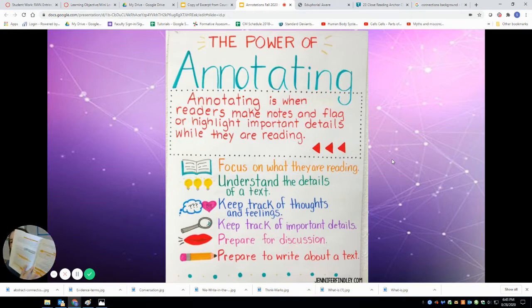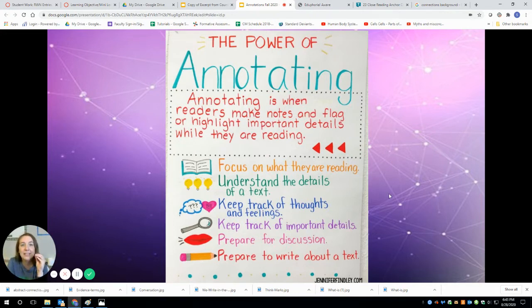A lot of times I don't just highlight, but I also make notes out in the margins. I swear I didn't do this just for this. I actually do annotations in real life. So this is something that I love. That's why I put a heart around it. I make notes. Sometimes I get angry. So these are all annotations. Sometimes I think something is really interesting. So they help us focus.